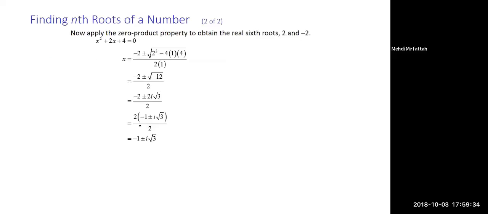And we can use the quadratic formula for this part here. For the first one, this is not factorable, so I have to use the quadratic formula. My a is 1, my b is 2, and my c is equal to 4. Everybody should know how to do the quadratic formula by now. As you can see, we get minus 12 here.